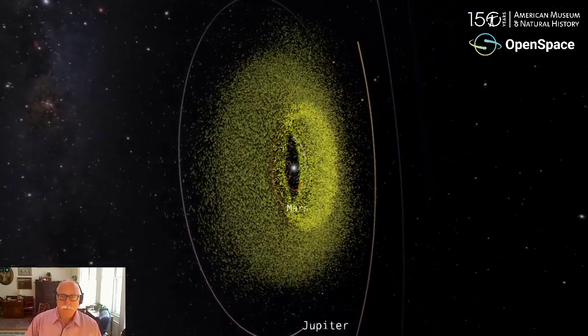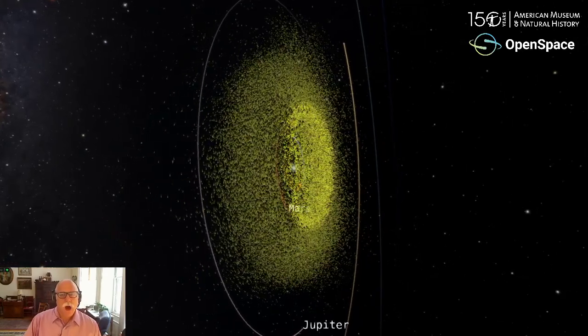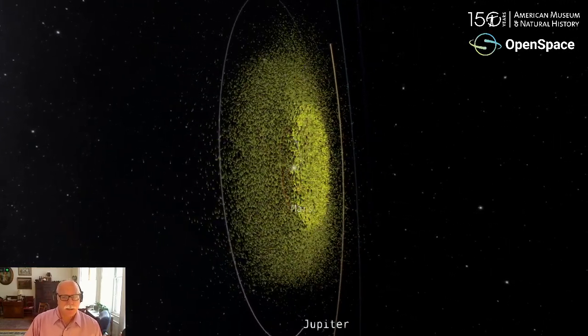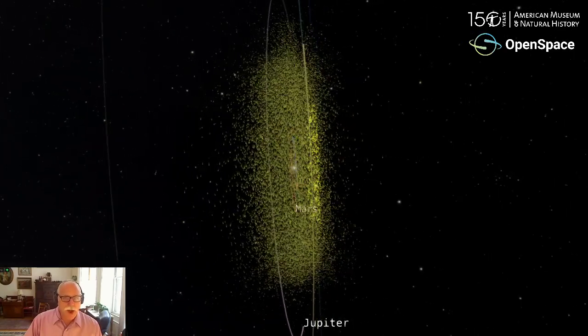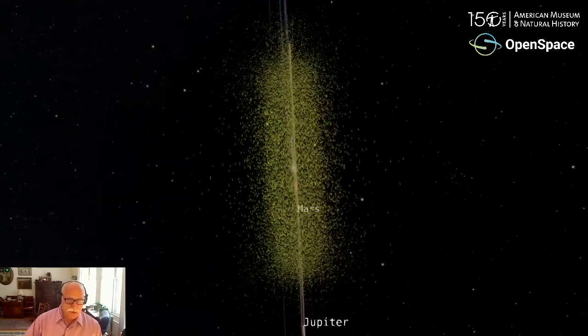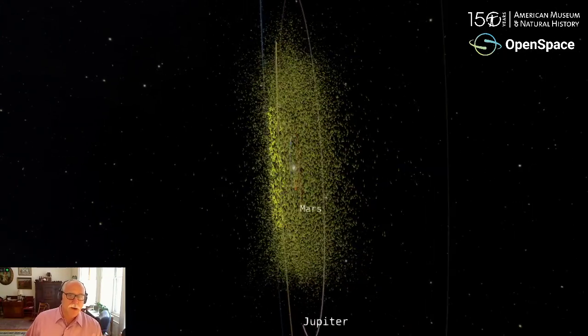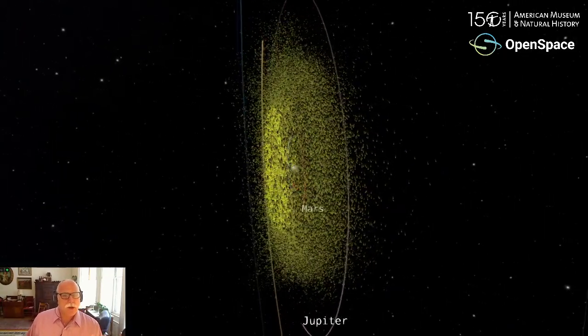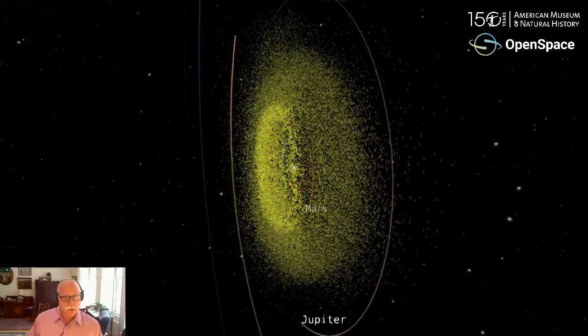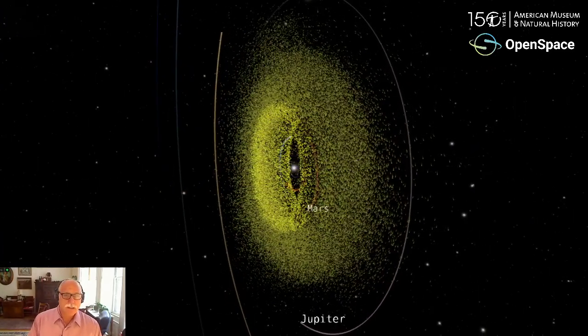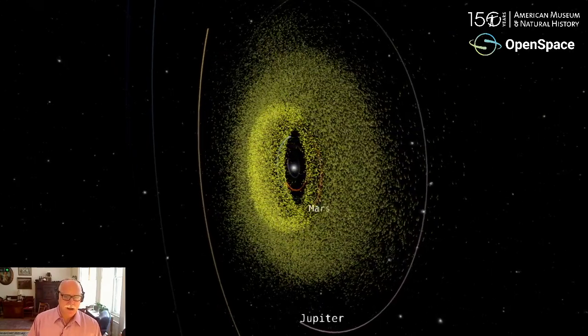So asteroids are made of different types of material. In the inner asteroid belt, which is a brighter color in this image of the yellow bodies, the asteroids are more stony, which are sources of stony meteorites, and metallic asteroids.